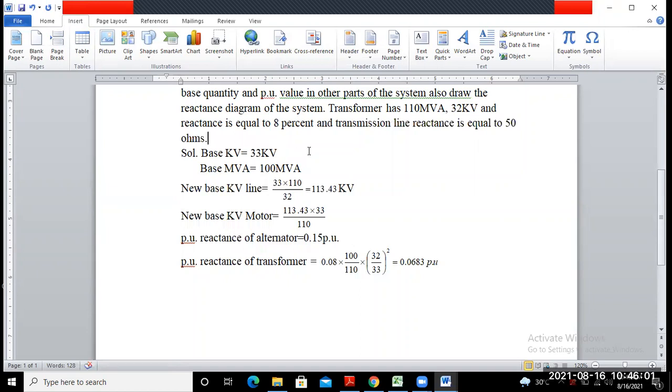So now just convert the transmission line reactance, given to you in ohm, that means 50, into per unit. Just divide by the base value, so that we will get the per unit reactance value of the transmission line.